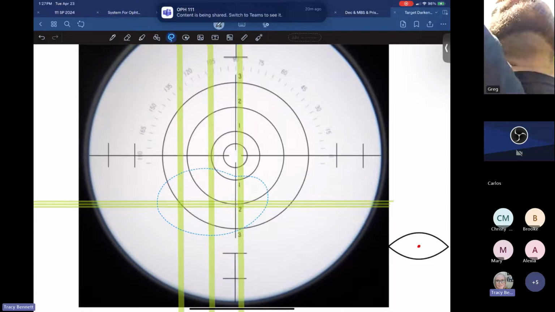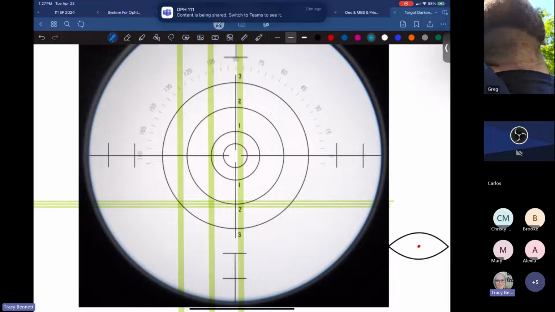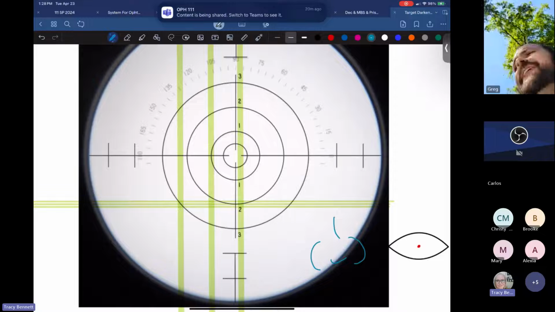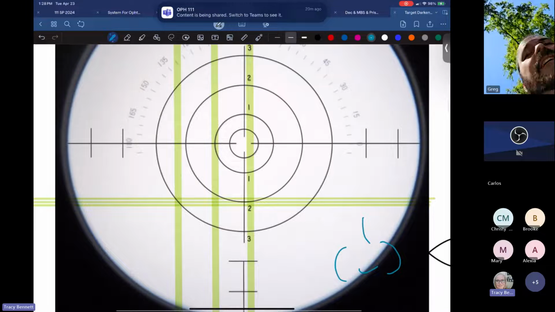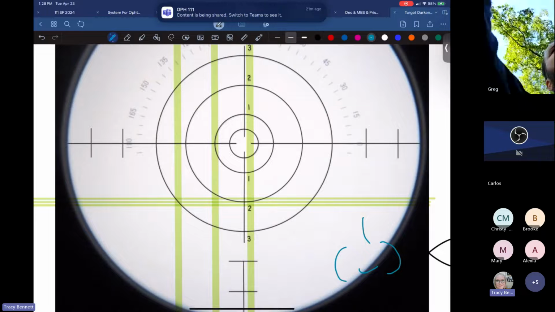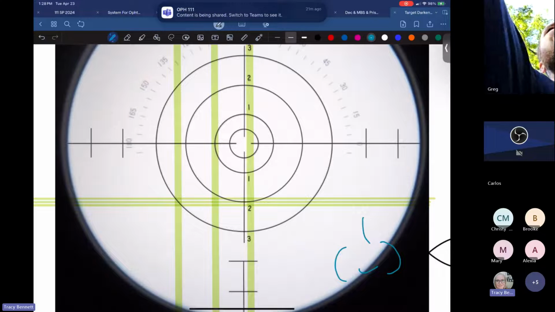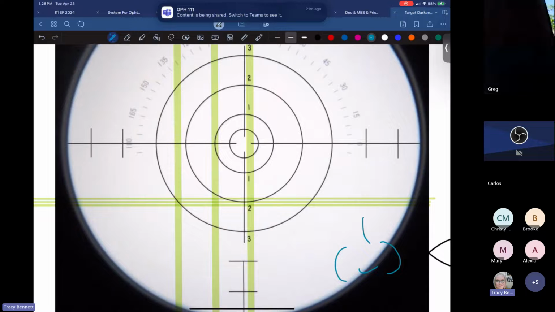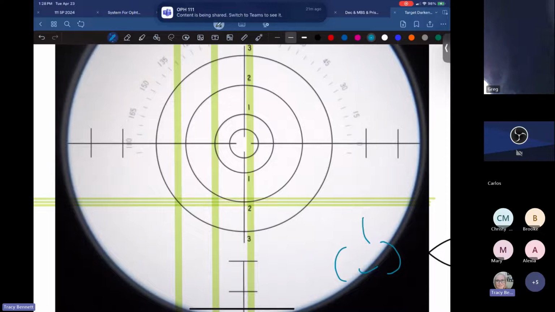All right, let's say we were right here on the target. And we're dealing with a right eye, so the nose is over here. Now with this one, this is a compounding amount. So we have two directions of prism. We have up or down and in or out.